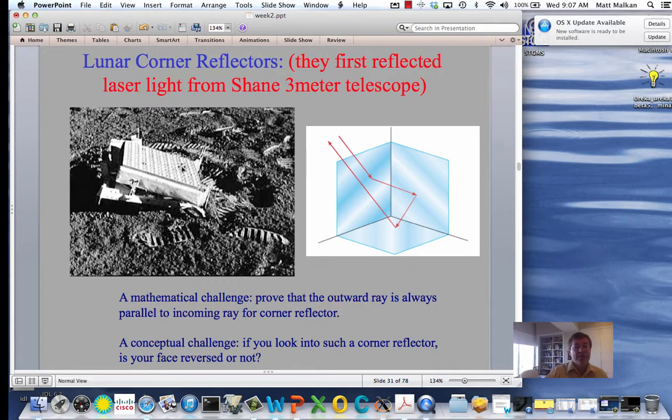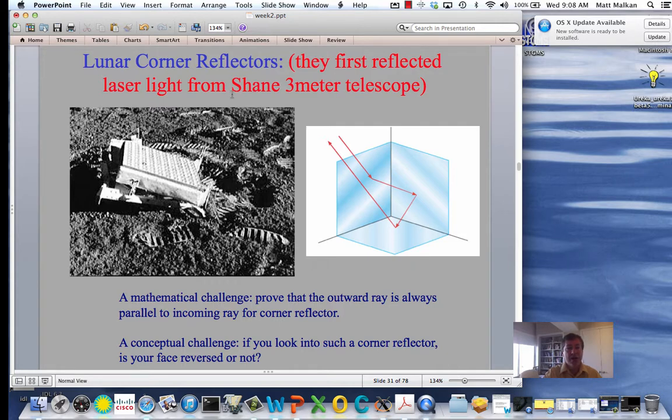So clever. That was absolutely essential because the astronauts knew that Lick Observatory and the 3-meter telescope that I use outside of San Jose, California on Mount Hamilton was going to be equipped with the first super powerful laser in the early 70s, and they were going to be shining lasers. They didn't know which direction it would be coming. It might be coming from here. Depends on where the moon is. It depends on where the Earth is.